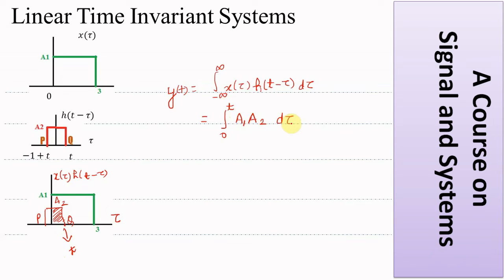When I have said that this is the region, what are the limits? The limit is that q is to the right of tau equal to 0, which means that t is greater than 0, and p is behind tau equal to 0. So what does that mean?